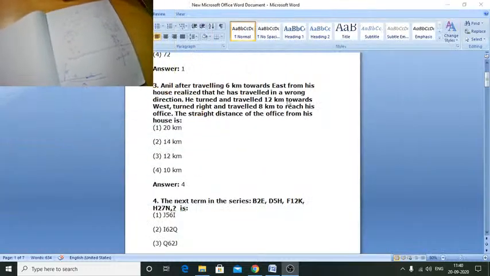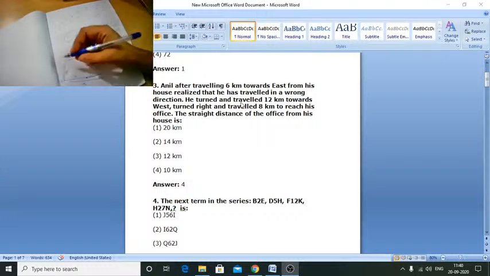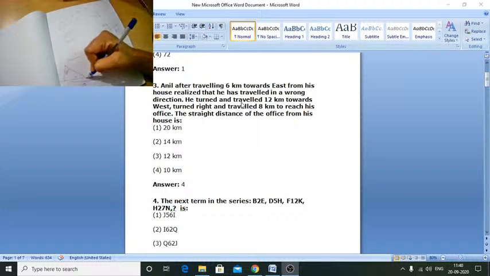That is the question. They want to find out the straight distance of his office from his house, and for that we have to use the Pythagoras theorem. Here we know it is 6 and here it is 8. Suppose this is x. x square equals 6 square plus 8 square.